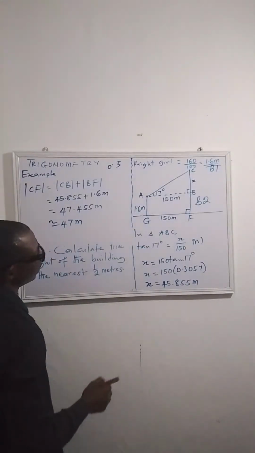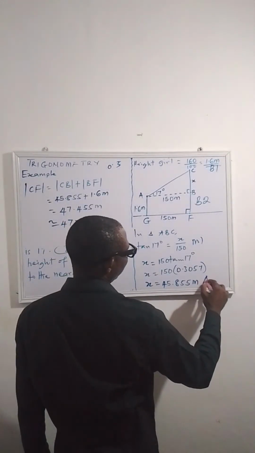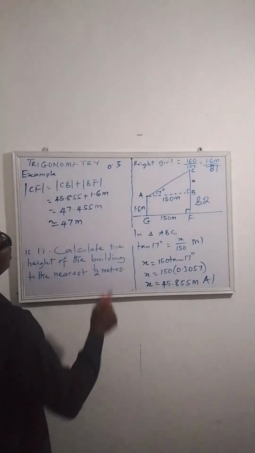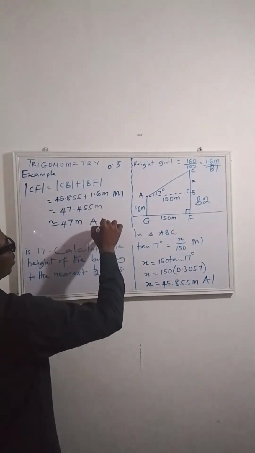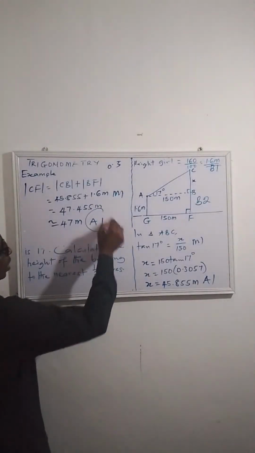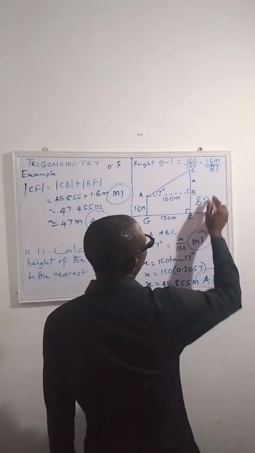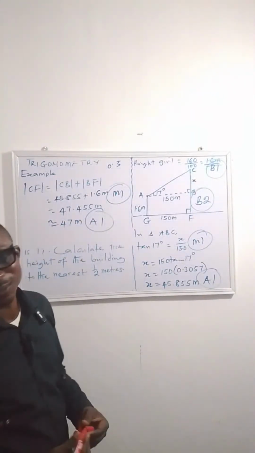For getting side CB, which is the same thing as X, that's A1. For adding, we have M1, and for getting the answer, we have A1. So how many marks altogether? 2, 3, 4, 5, 6, 7. So 7 marks altogether.